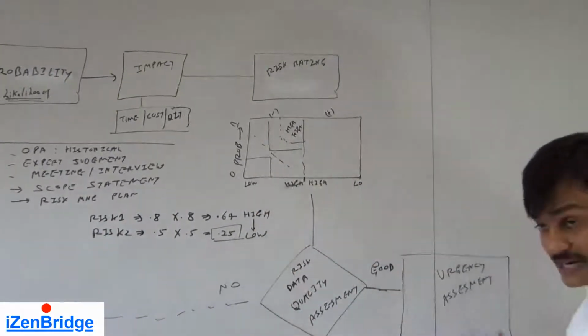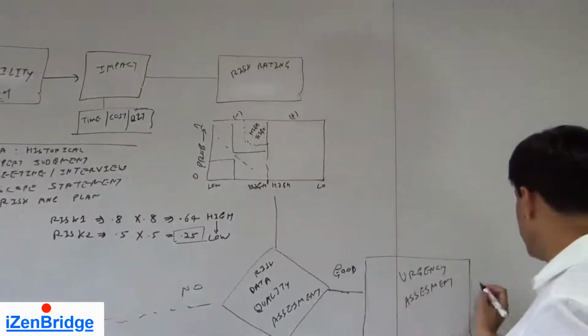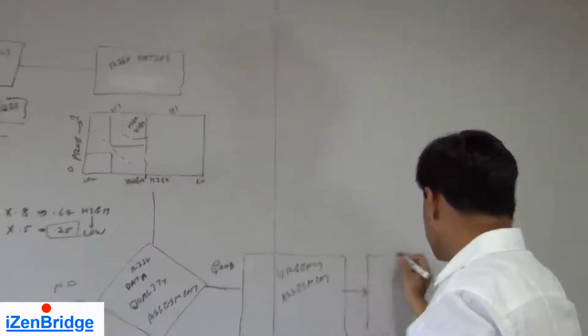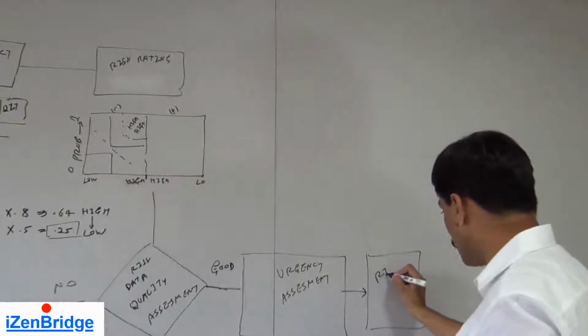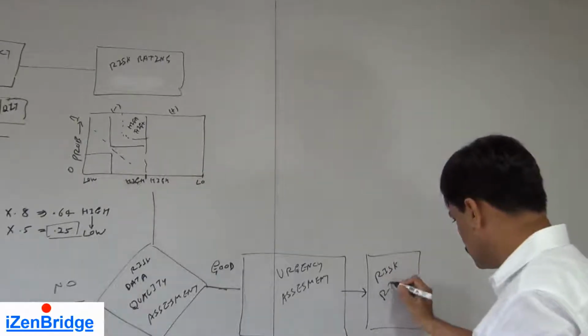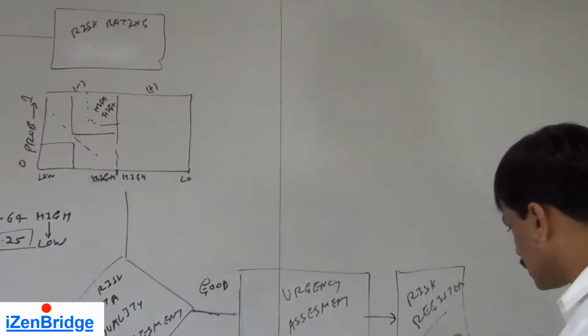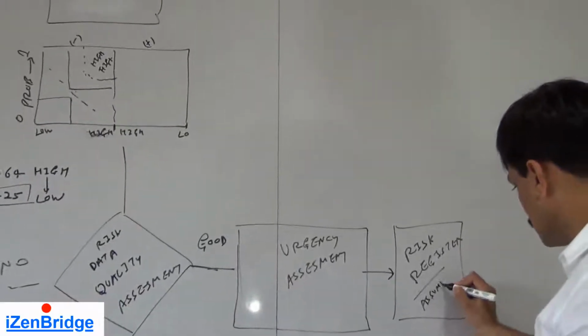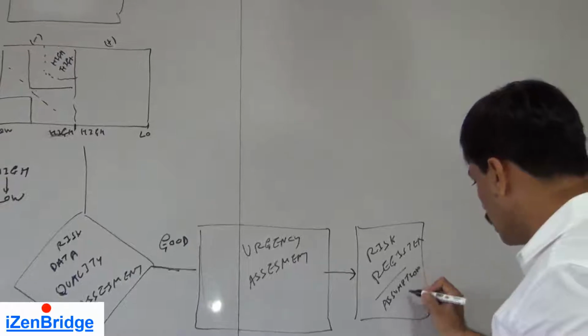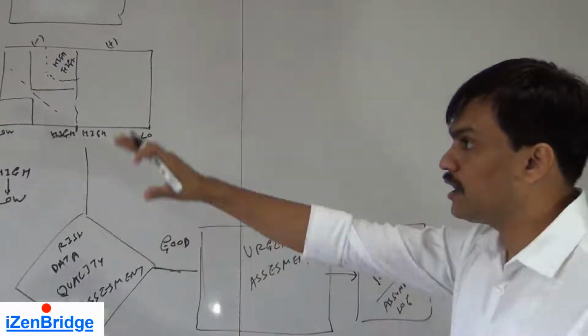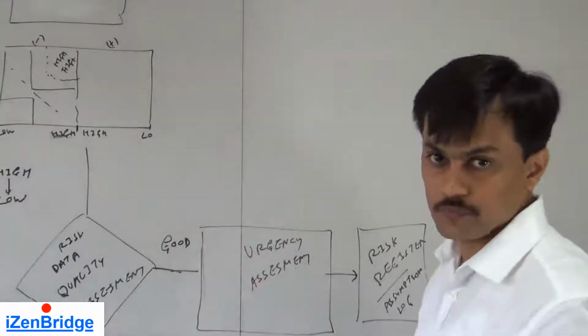Now at the end of doing all this, we should update our risk register and other project documents like assumptions and other logs with the outcome of this process.